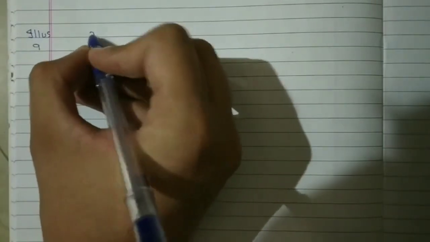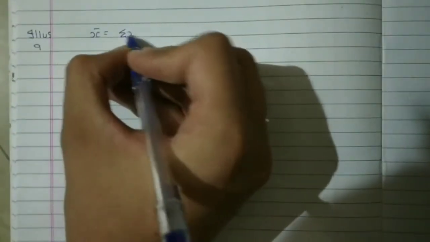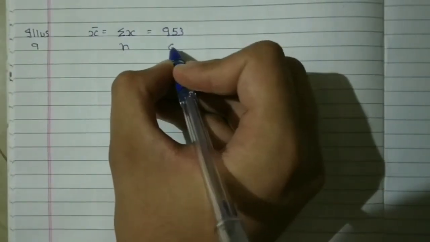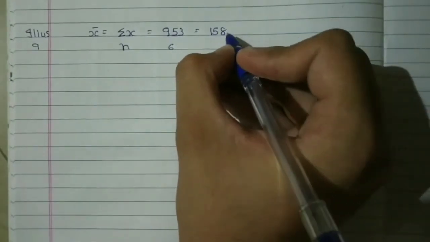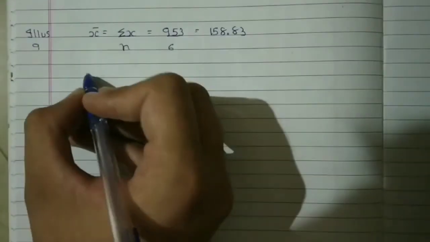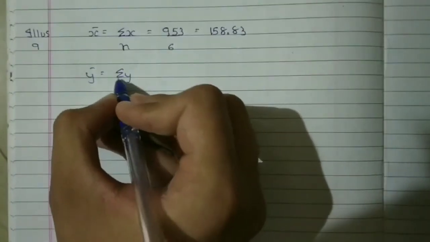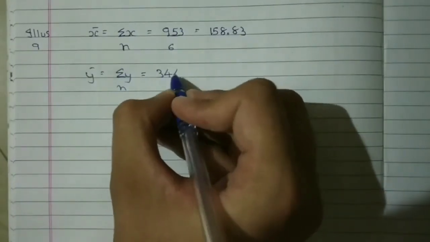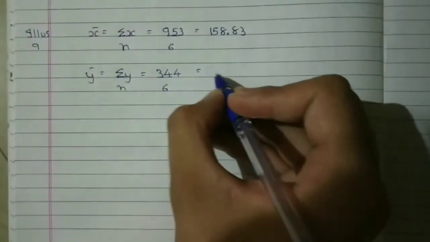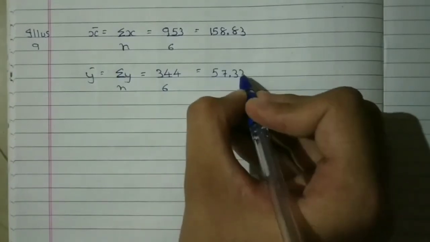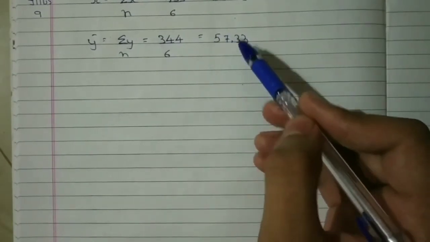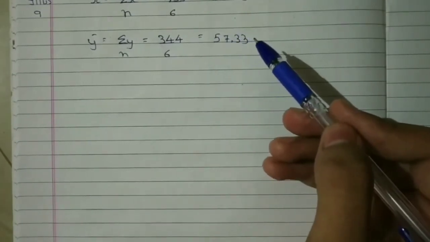Illustration number 9. x bar is equal to sigma x upon n, which is 953 upon 6, equal to 158.83. y bar is equal to sigma y upon n, which is 344 upon 6, equal to 57.33. Now here you can see that the answer is a fraction, not an integer, and the values of x and y are large.